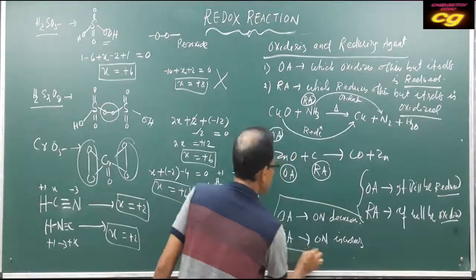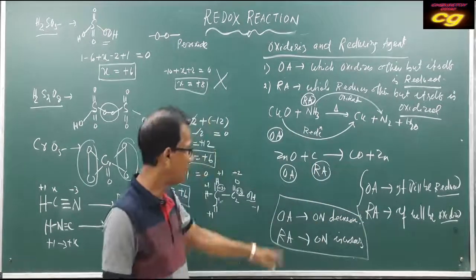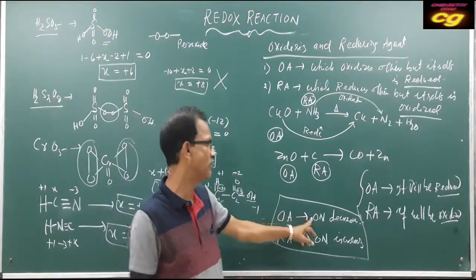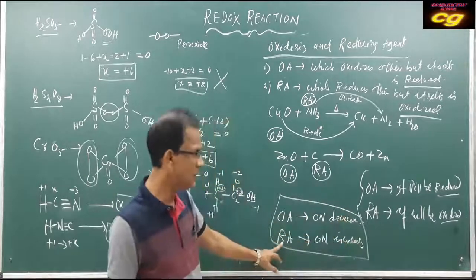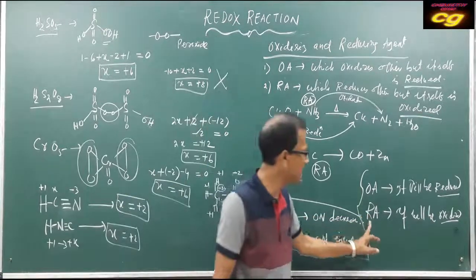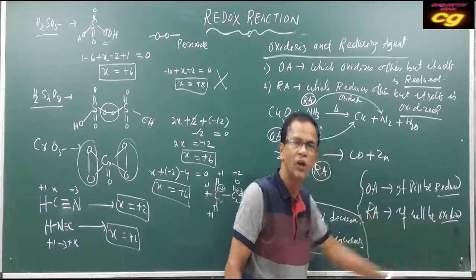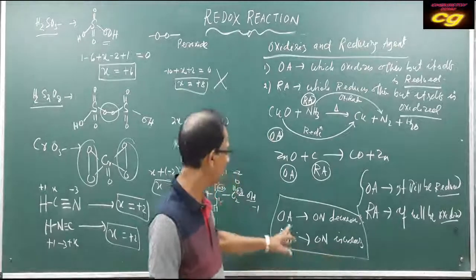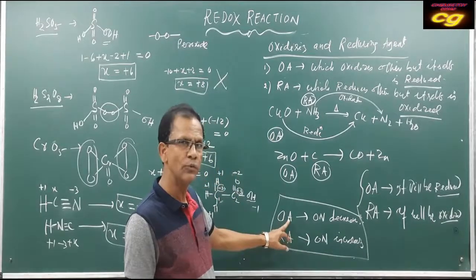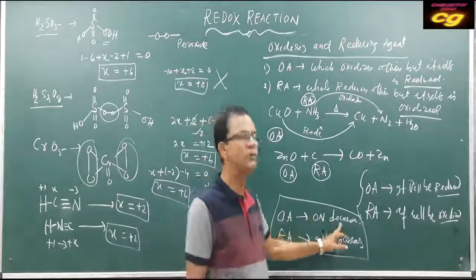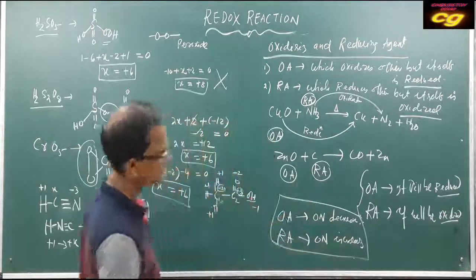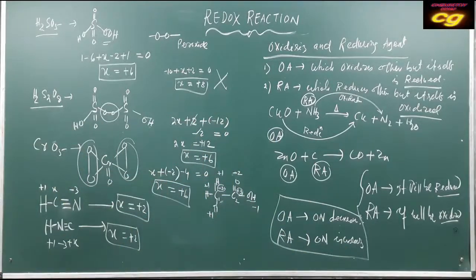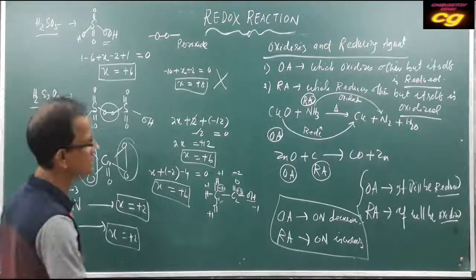That is also important. For an oxidizing agent, oxidation number decreases, and a reducing agent will be oxidized, meaning oxidation number will increase. So this is a specific difference between oxidizing agent and reducing agent.